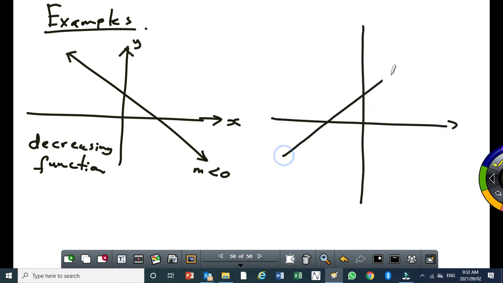If you have a straight line which looks like that, then the gradient is positive. Therefore, the function is going to be an increasing function.